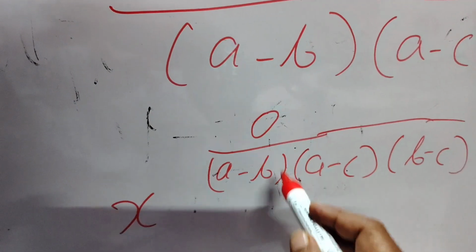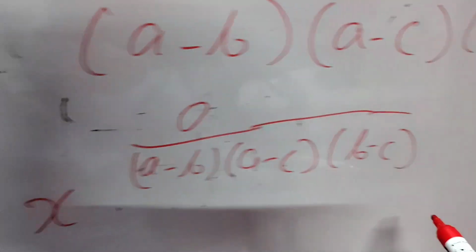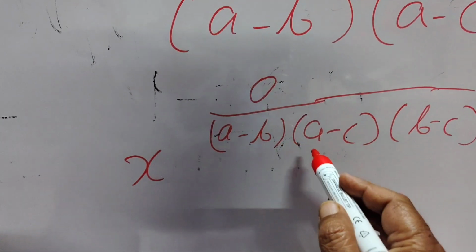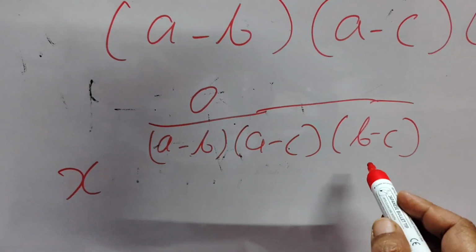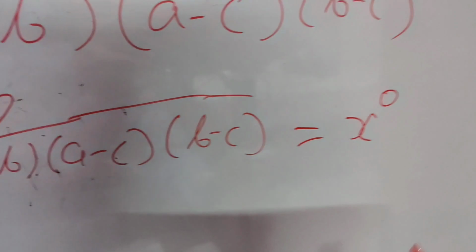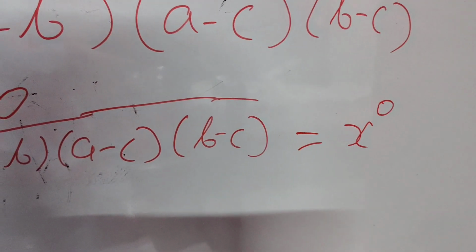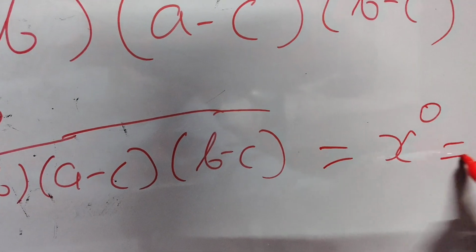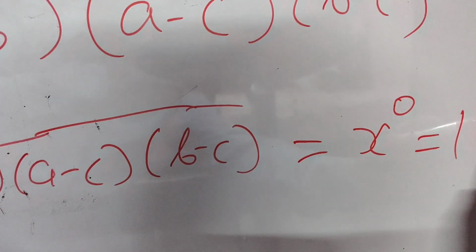So 0 by anything is 0 again. So this can be written as x to the power 0 by a minus b, a minus c, b minus c, which becomes x to the power 0 ultimately. And anything having power 0 becomes 1. So this is 1. Proved. RHS proved.